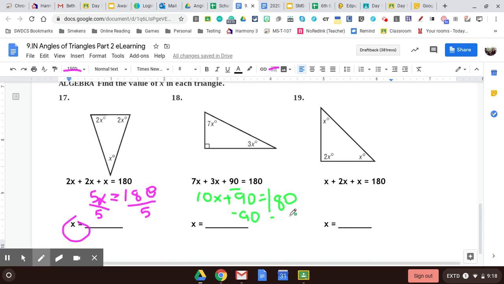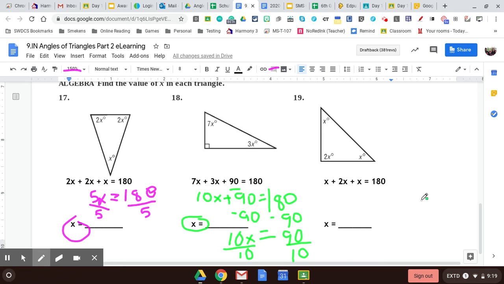Okay, so 180 minus 90 is going to leave me with 90. So now I have 10x equals 90. I have to divide each side by 10 to get my x by itself. So my answer for x is going to be 90 divided by 10. So what is x?